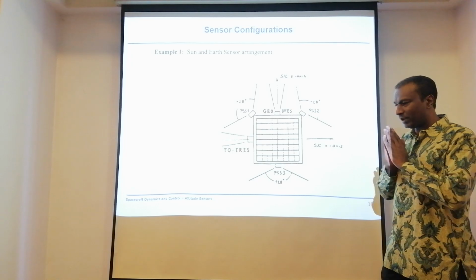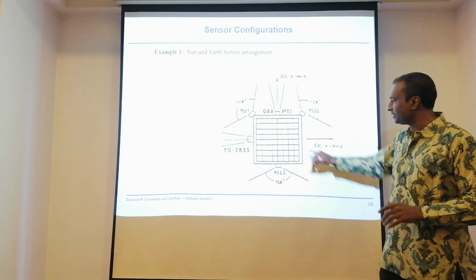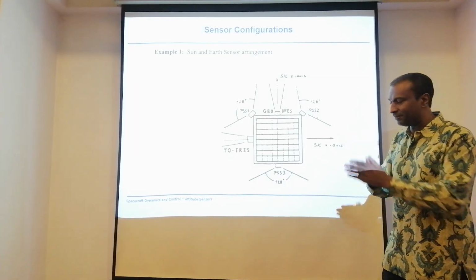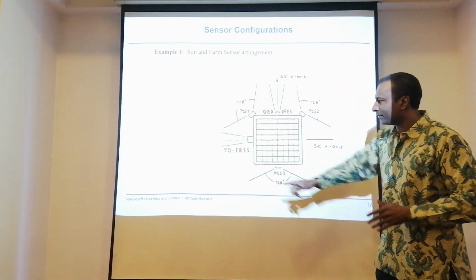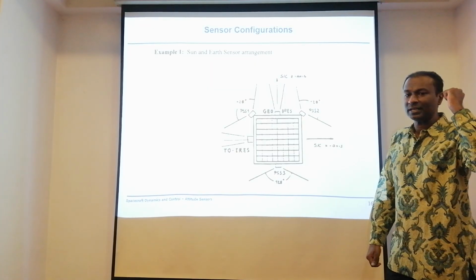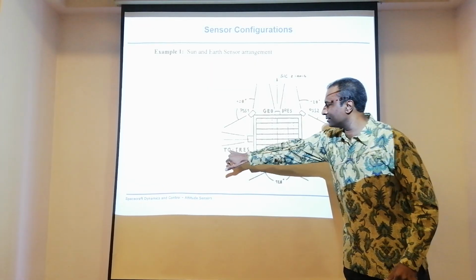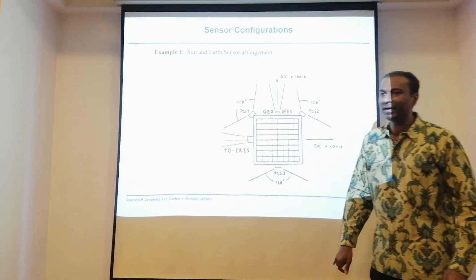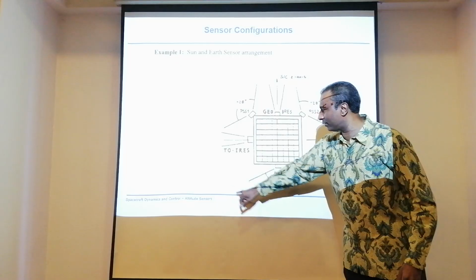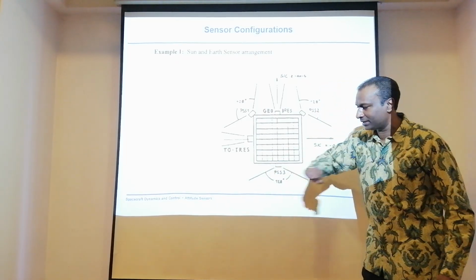At the transfer orbit, when you are flying, your X-axis is the flight direction. Technically speaking, your back is to planet Earth. So this sensor will be used during the transfer. That's the reason it's called the transfer orbit Earth sensor.